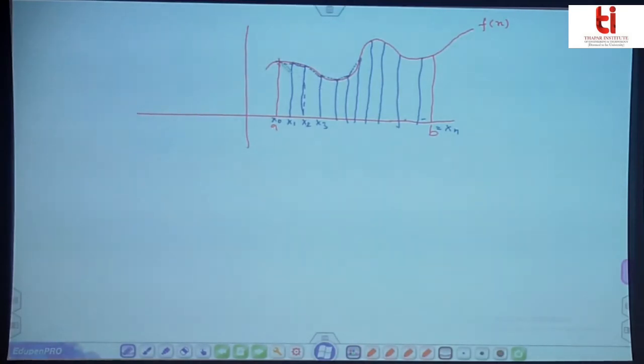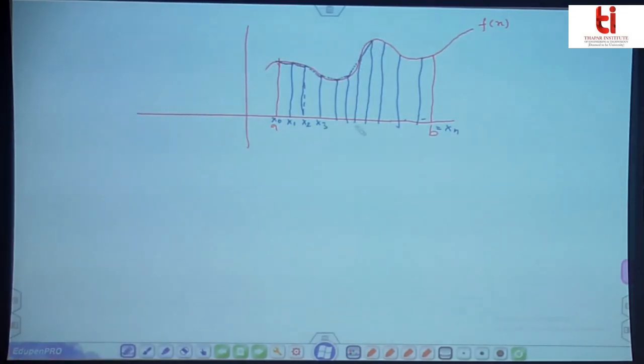In the composite trapezoidal rule, the error is less in comparison to the previous case. In the previous case, the whole interval length is h. But here h is xi plus 1 minus xi, which is smaller than the previous case. So the error will also be reduced. This is the composite trapezoidal rule.